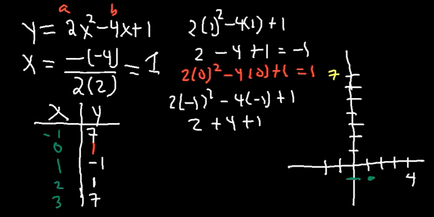Our next point is at (0, 1), and we have another one at (2, 1). And then (3, 7), which is all the way here, and (negative 1, 7), which is right where I put the 7. So then we can graph it.